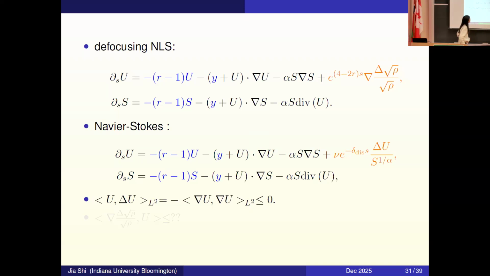They are not symmetric, because U is in high dimension while S is just a scalar. One is velocity and one is density. So of course they are not symmetric, but in 1D you can see the symmetry. In the scaling sense, they are symmetric.